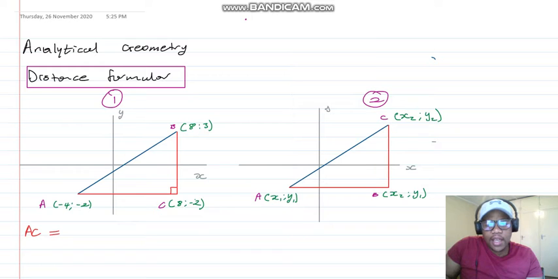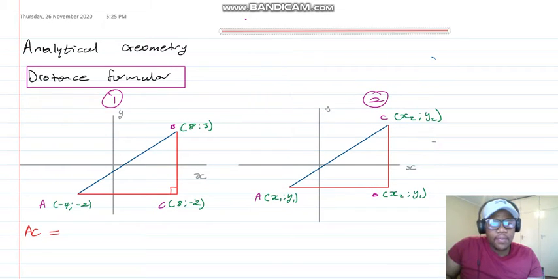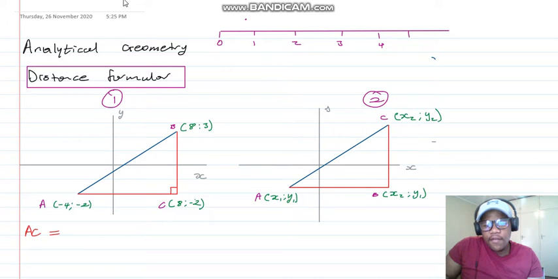What I'm basically saying is that if, for instance, a person had a ruler over here, and this was 0, 1, 2, 3, 4, 5, maybe 6, and there was someone at 5 and someone at 1, and we want to know the distance, we're just going to say 5 minus 1, so the biggest minus the smallest.